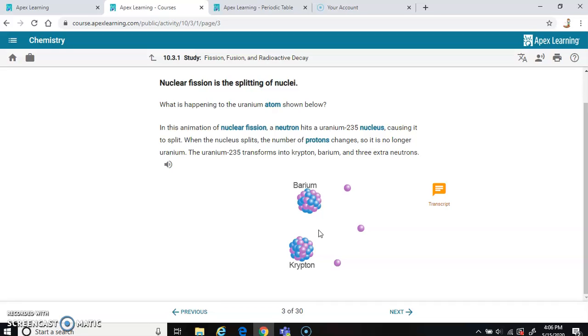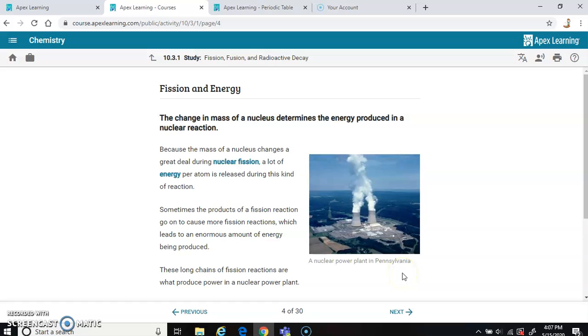Remember, whenever there's a proton change, it changes the element. And so the uranium transforms into krypton, barium, and then it has 3 extra neutrons. Fission is splitting this atom. Have you ever heard of a fissure in the earth? It's like a split. That's how I remember fission, as the splitting.